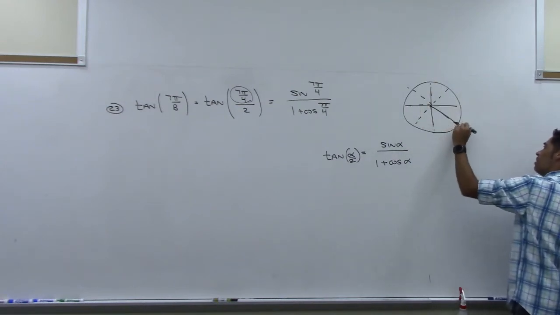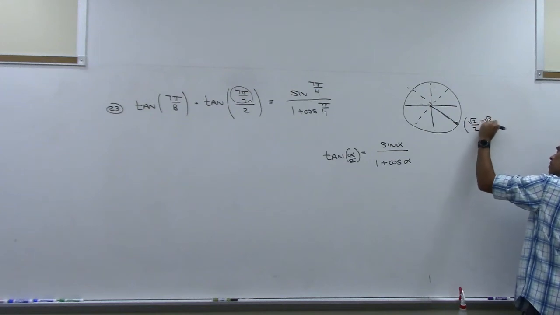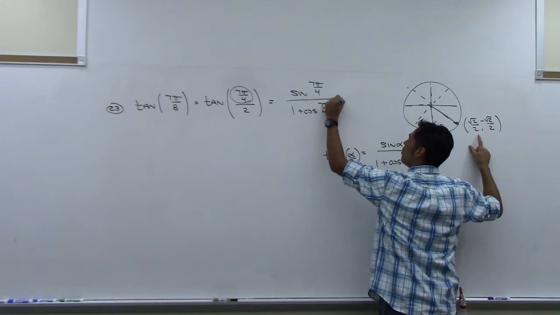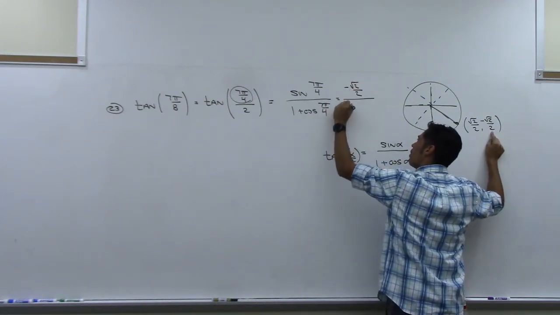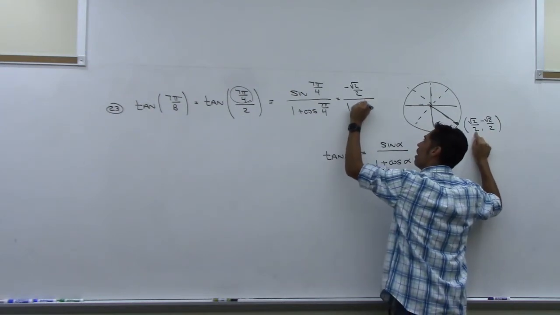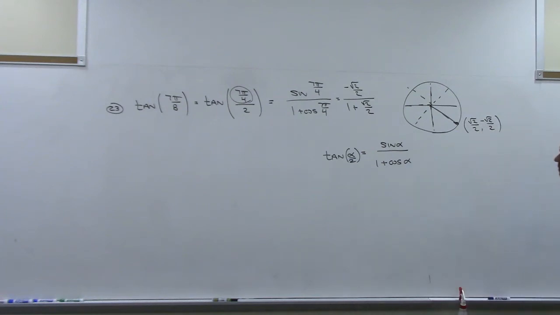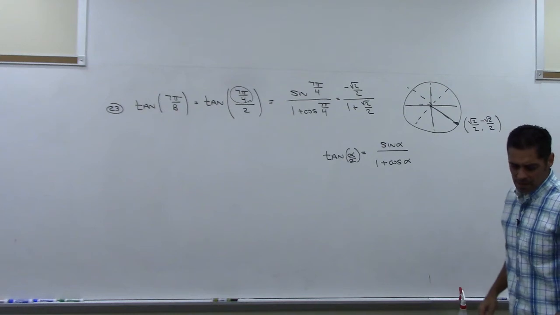So off my circle, remember this is root 2 over 2, negative root 2 over 2. So sine of 7 pi over 4 is the y-coordinate, negative root 2 over 2, over 1 plus cosine of 7 pi over 4, which is positive root 2 over 2. And they probably get common denominators, but I'm going to leave it like that. I would take that on a test.